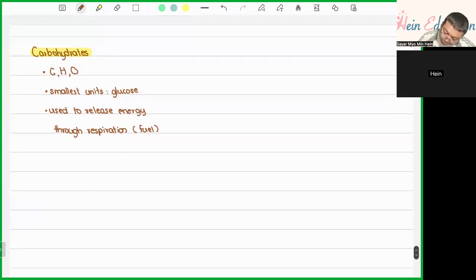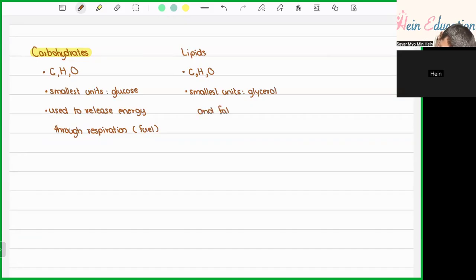And the next one is lipids. Lipids are also made up of carbon, hydrogen, and oxygen. Their smallest units are glycerol and fatty acids.